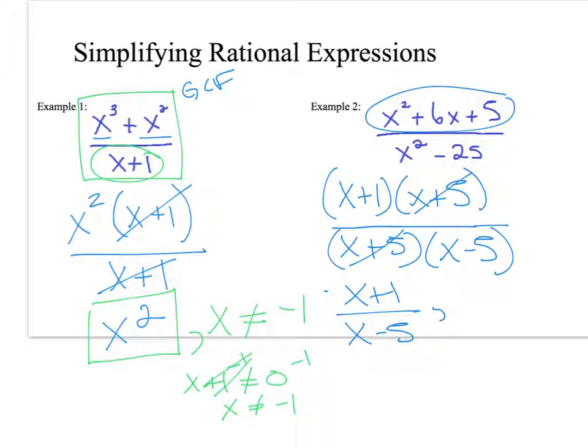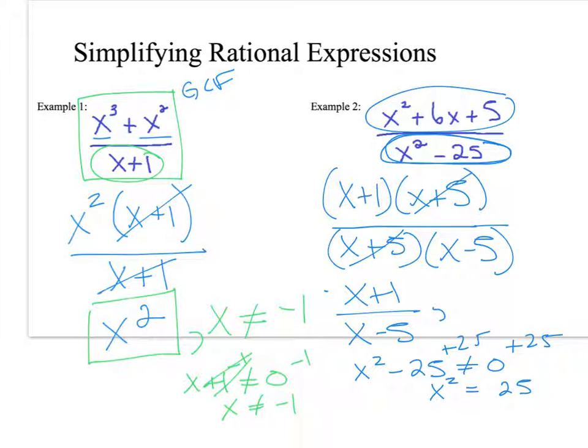And then what I need to do is define the domain. Whenever you're defining the domain, you want to use the very first expression listed. So that's going to be using x squared minus 25 can't equal 0. I'm going to add 25 to both sides. That leaves me with x squared is equal to positive 25.